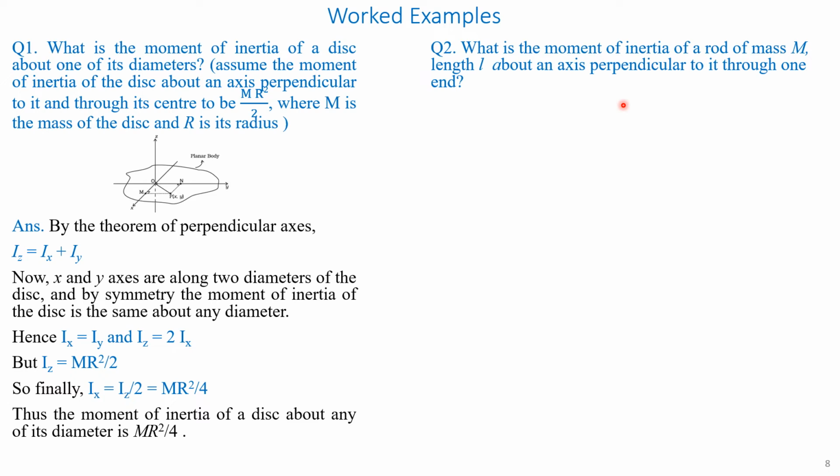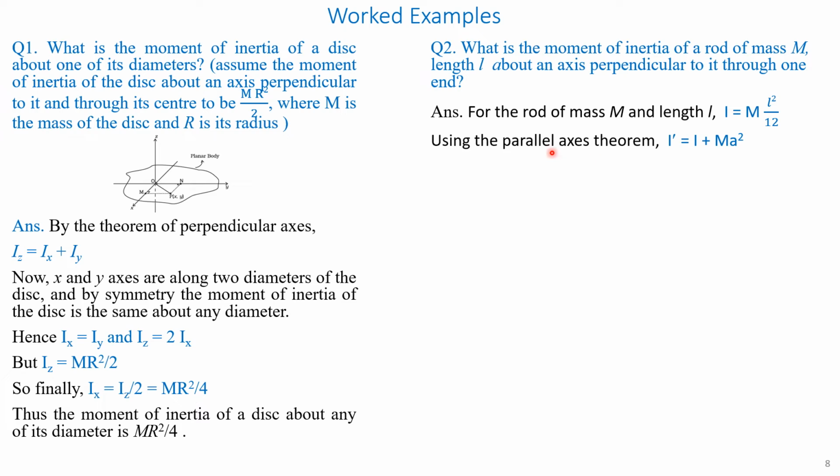For the rod of mass m and length L, from the given table in the earlier slide, I is equal to m into L square divided by 12, where I is the moment of inertia, m is the mass, and L is the length of the rod.